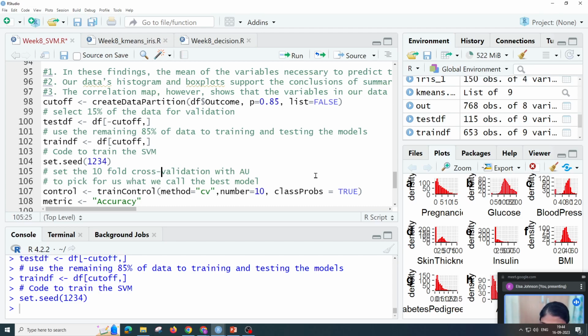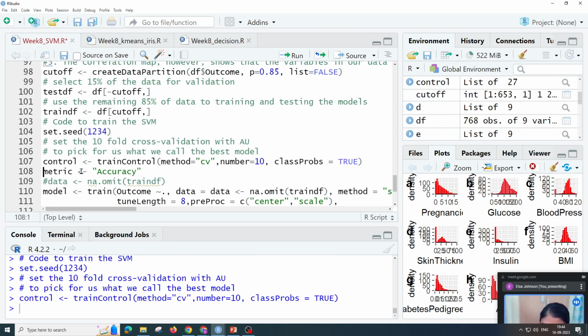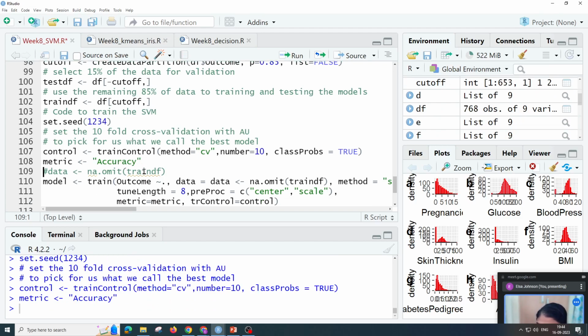Then the next set will be taken, and so on. So I am giving a cross validation value of 10, tenfold cross validation. Then I am specifying the metric.